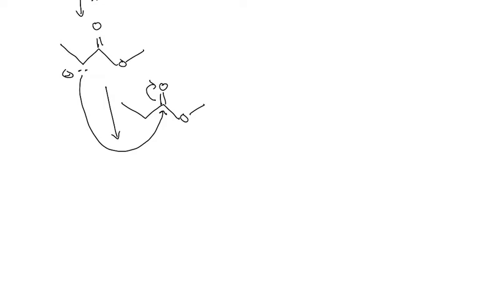All right, now I'm sort of drawing mostly my product at this point. Here's the alpha carbon, and there's the ester. Right, so that's my alpha. On the carbon that was attacked, we're going to have the OR and the O minus coming off it.